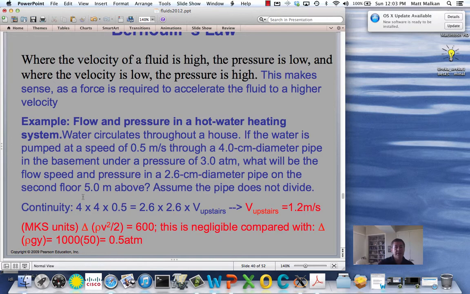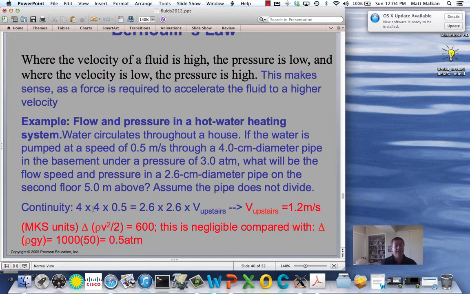That's okay. Continuity, pretty simple here. Well, let's see. Gosh, I was really lazy. I just did pi d squared, which is area, times v1 is equal to pi d2 squared times v2. Sorry, a2 v2.